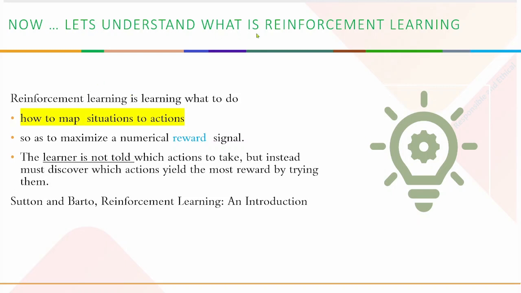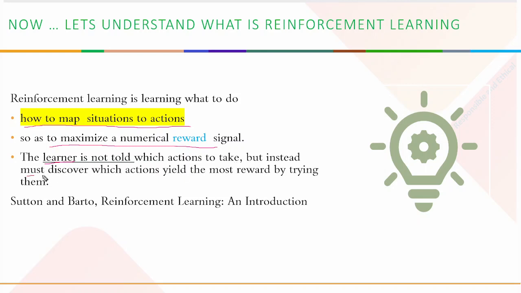So now let's understand reinforcement learning in terms of definition. I put the definition at the end after the example so that we can easily relate to some of the things, like how to map situations to actions. This is by random trial and error, and the goal is to maximize the reward overall. The agent, the learner, is not told what action to take, so we are not directing it.